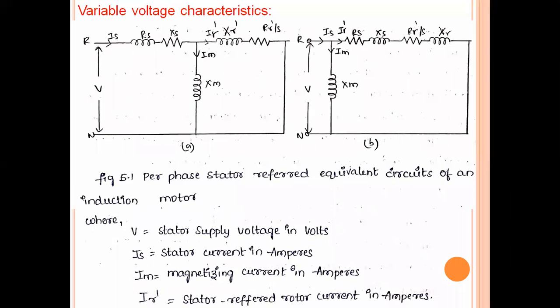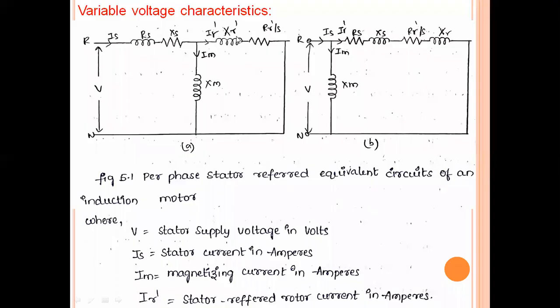Okay, so now you can see this figure shows the per phase stator referred equivalent circuit diagram. Figure A is a per phase stator referred equivalent circuit diagram. You can see the rotor elements are referred towards the stator.